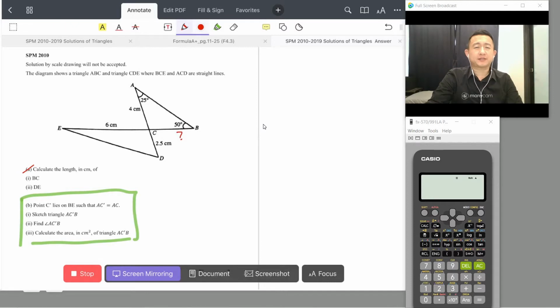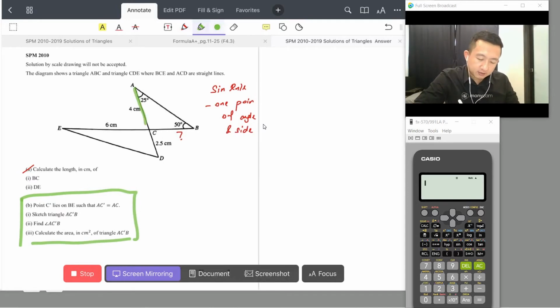When to apply the sine rule? Remember, when you have a pair of respective angle and side, opposite angle and opposite side, and you look at triangle ABC, do we have one pair of angle and side? Yes, we do, right? 4 cm and 50.